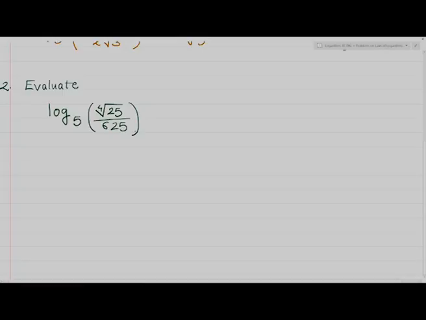So, generally whenever the question says evaluate, you need to simplify the log and give a number as an answer. So, let us see what can you do with this.